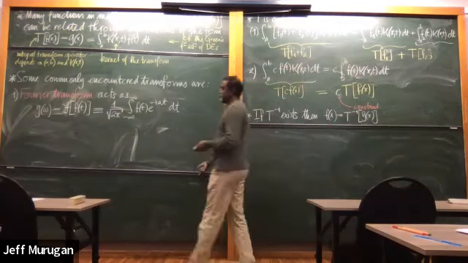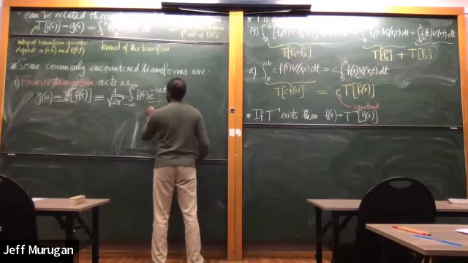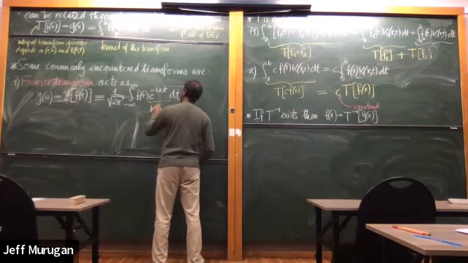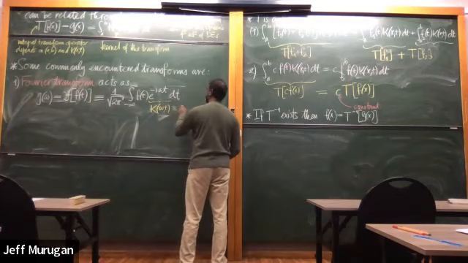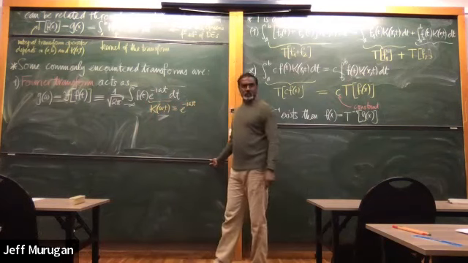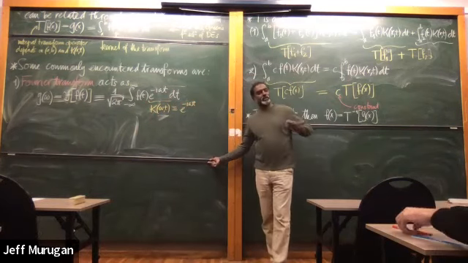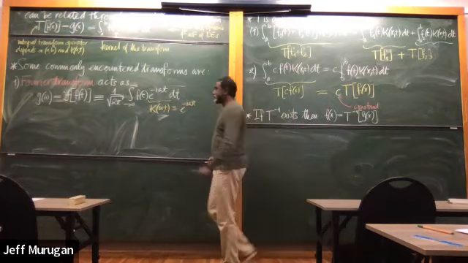Some things to note. The kernel of the transform K of omega t, for the Fourier transform, is just e to the minus i omega t. That's the kernel of the transform, and it is the thing that remains the same irrespective of what the f is. So that's what defines the Fourier transform.